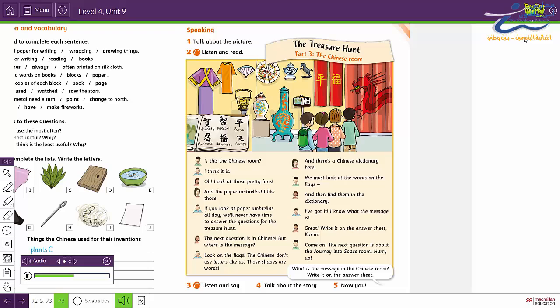Look on the flags. The Chinese don't use letters like us. Those shapes are words. And there's a Chinese dictionary here. We must look at the words on the flags. And then find them in the dictionary. I've got it! I know what the message is. Great! Write it on the answer sheet, Karim. Come on, the next question is about the journey into space room. Hurry up! What is the message in the Chinese room? Write it on the answer sheet.